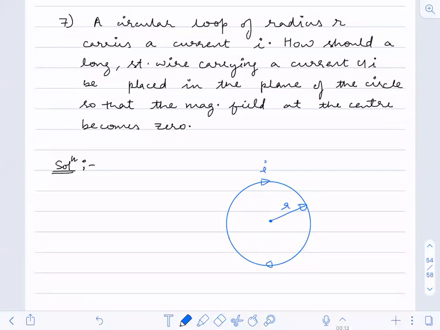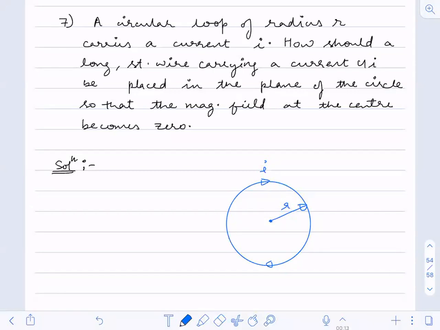A straight wire carrying a current 4I is placed in the plane of the circle so that the magnetic field at the center becomes 0. Can you think of this question, what it is saying?